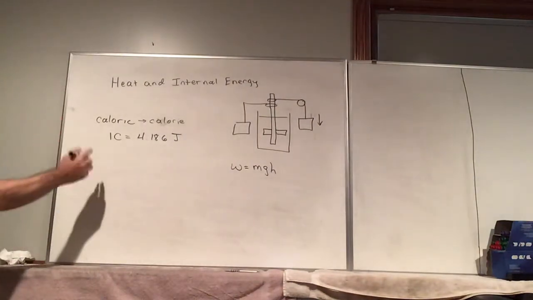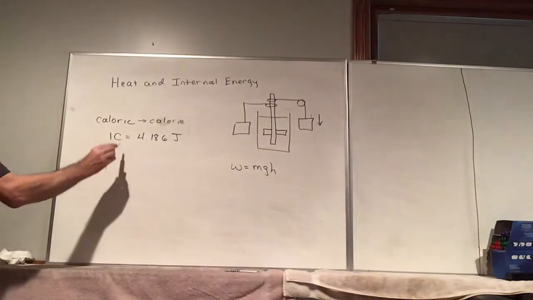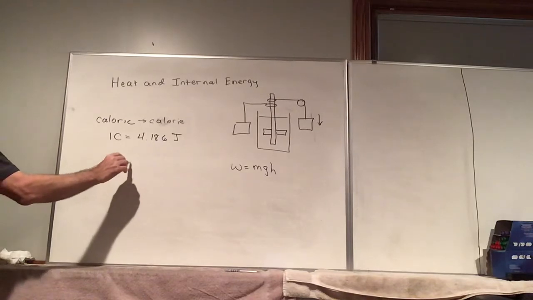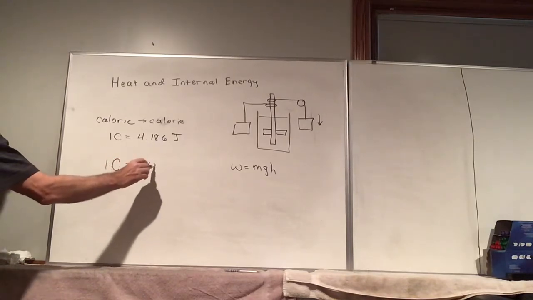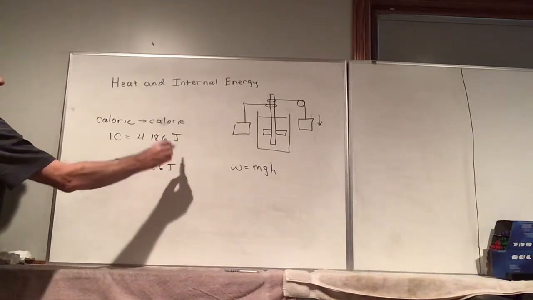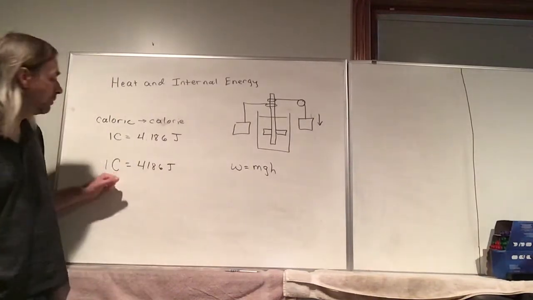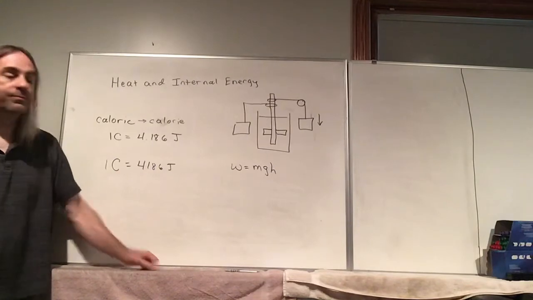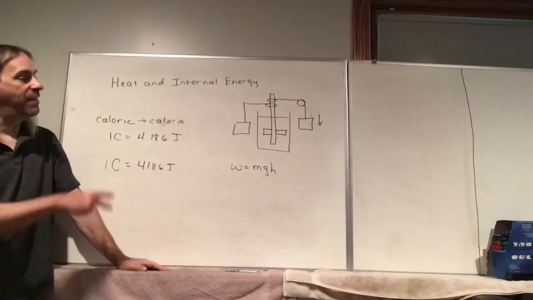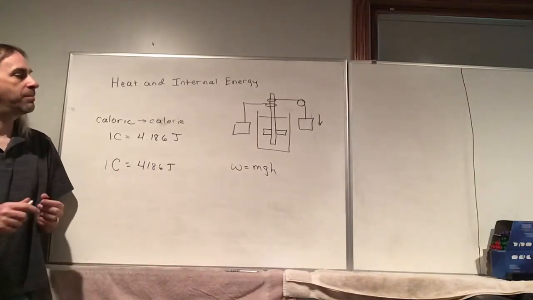For food, I think they use a capital C, is 4,186 joules. So, a much larger number there.